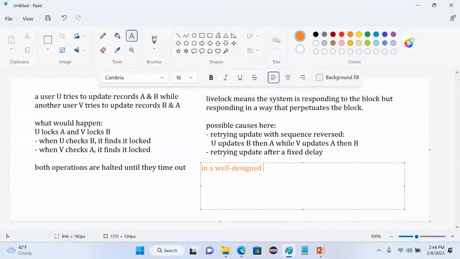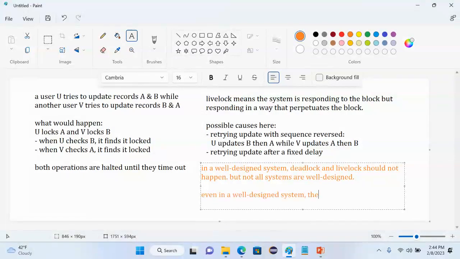In a well-designed system, deadlock and livelock should not happen. But of course, not all systems are well designed, so this can happen. And even in a well-designed system, there is always a possibility that users will have to wait on other processes.